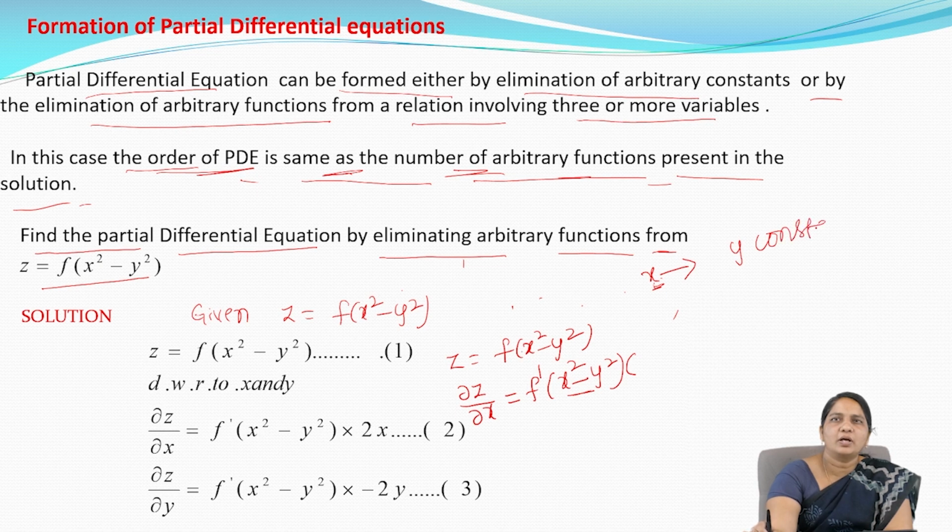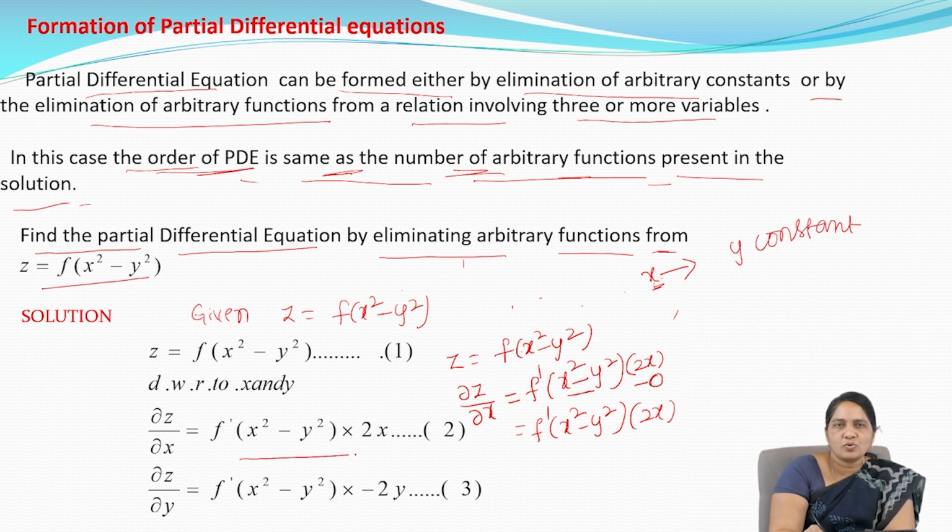The derivative of x square is 2x, and y square is constant, so its derivative is 0. Finally I got dou z by dou x equal to f dash of x square minus y square into 2x. I am taking this as equation 2.